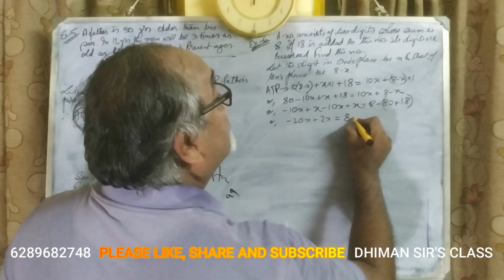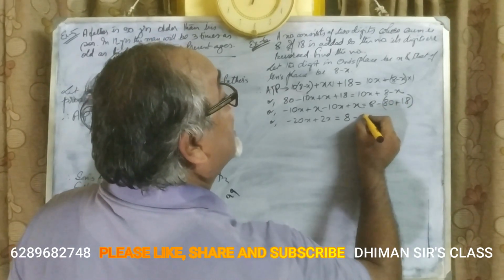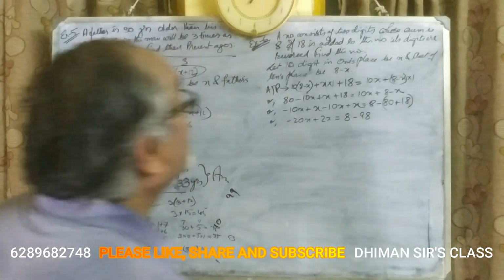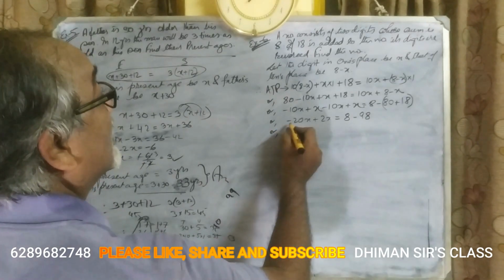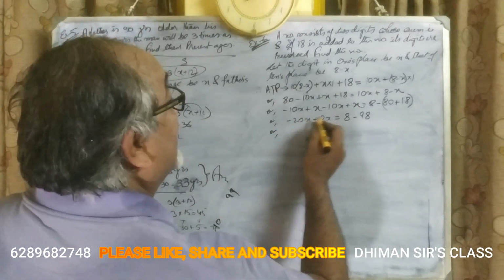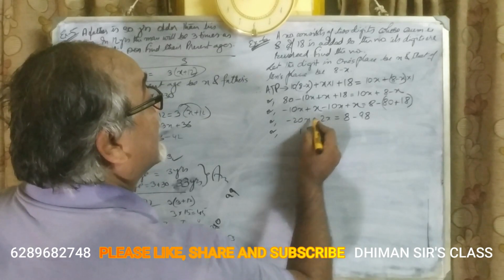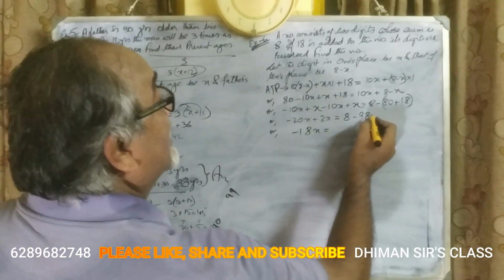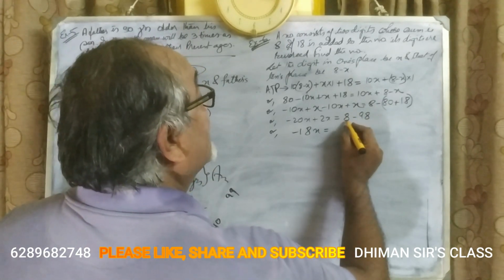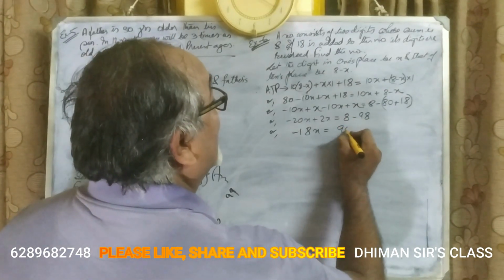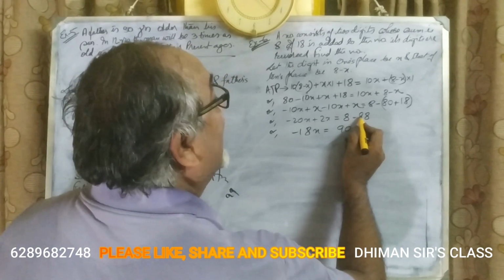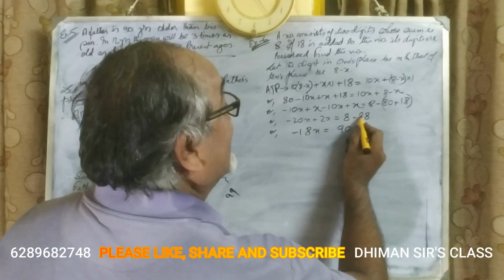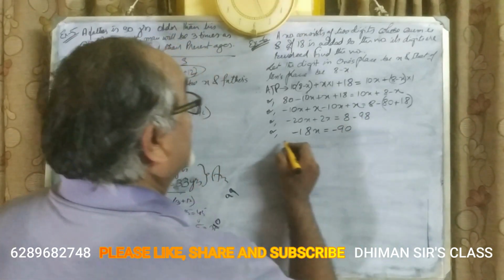So 8 minus 80 plus 18 is minus 98. So now, minus 20 plus 2 is minus 18. My 20 is bigger, its sign is minus, so minus 18x is equal to 98 minus 8 is 90, so minus 90. 98 is bigger, its sign is minus, so minus.